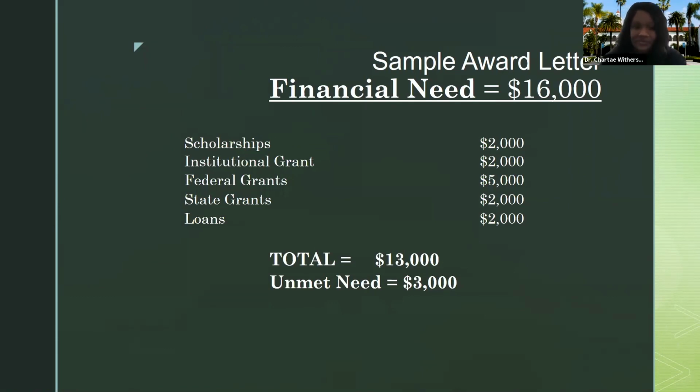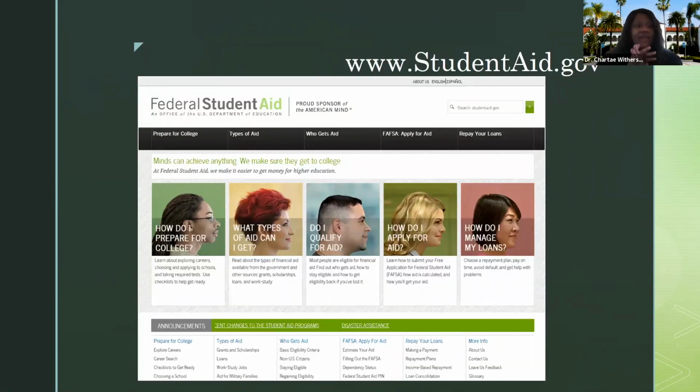Think about it. If for whatever reason you have any questions whatsoever, studentaid.gov is the place for you to go. There's all kinds of information that you could think of that they can answer for you. How do I prepare for college? What types of aid can I get? And you should know that because I just told you: loans, grants, work study. Do I qualify for aid?